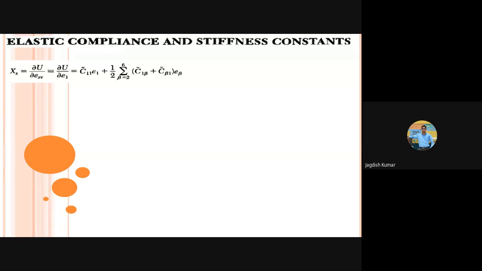Well, once this is done, elastic compliance and stiffness constants defined, energy density defined, then the stress components, we can find them out by taking derivative of energy density with respect to corresponding strain component. I mean, suppose somebody has given you the energy, this U, then from that we can find out corresponding stress component.